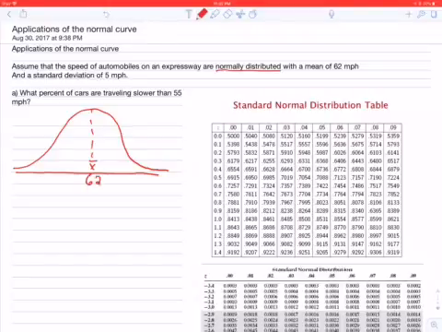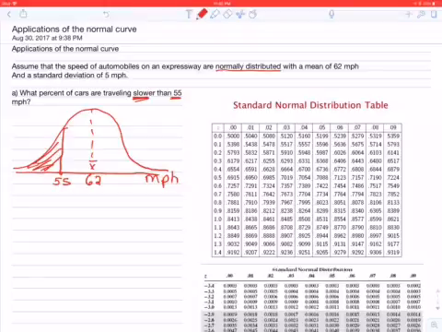Now we want to know what percentage of cars are traveling slower than 55 miles per hour. So think of this like a number line. 55 is just lower than 62, so it'll be to the left. And we're interested in the speeds that are slower than that, so I'll shade to the left. These are miles per hour.